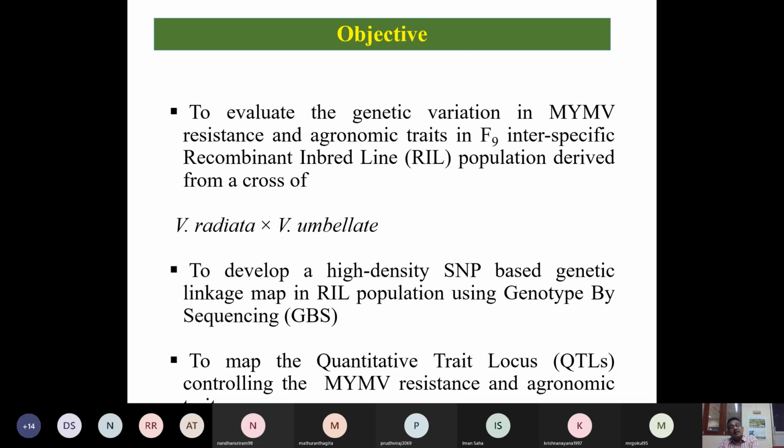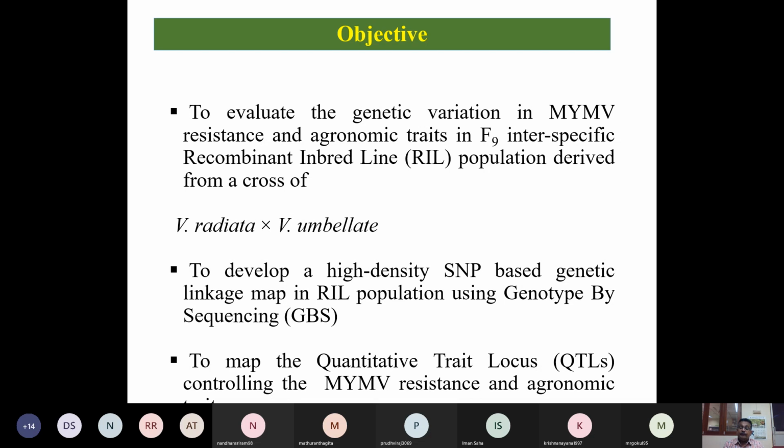So when you develop a population, the recombinant inbred line population is best, because when you use F2s or the backcross population, we call it a temporary population, because it is always segregating. You cannot test this population across locations, because when you go for QTL mapping, we have to check whether the QTL is consistent across locations, or if you evaluate two to three locations, whether the same QTL is coming between the locations.